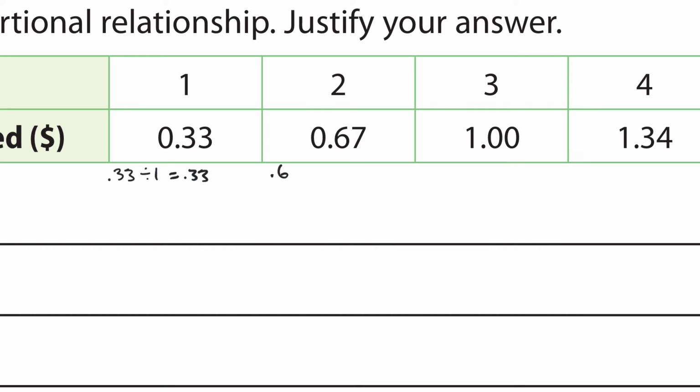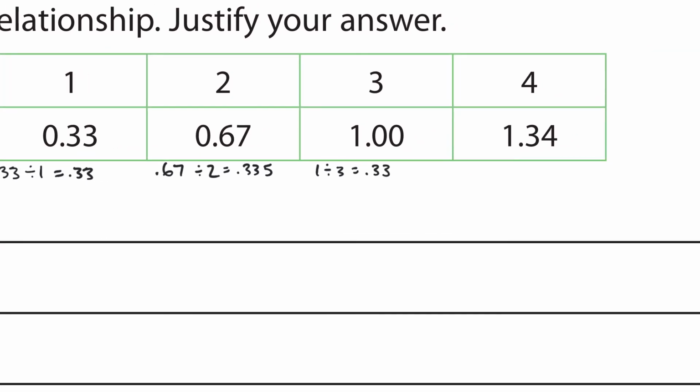Let's do it here. 0.67, the bottom number, divided by the top number, 2, equals 0.335, sorry. And then 1 divided by 3 equals 0.33. And 1.34 divided by 4, I've got a calculator here, is 0.335. So is this proportional?